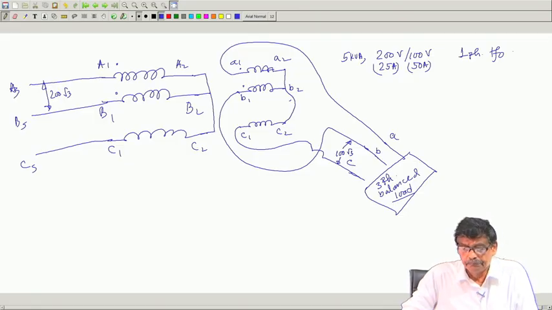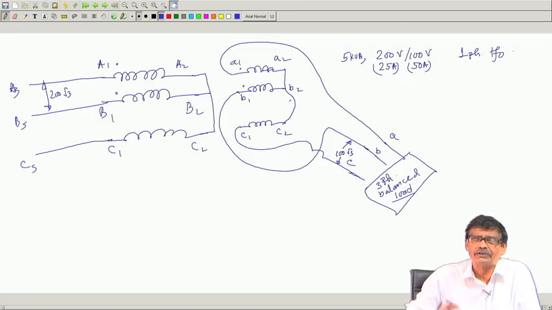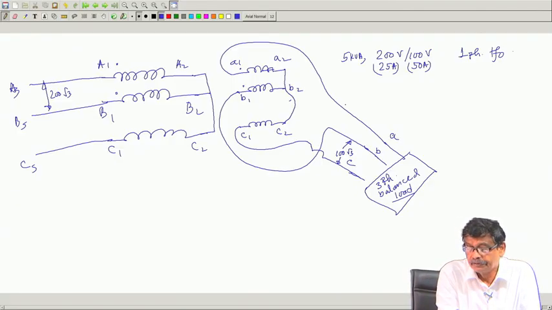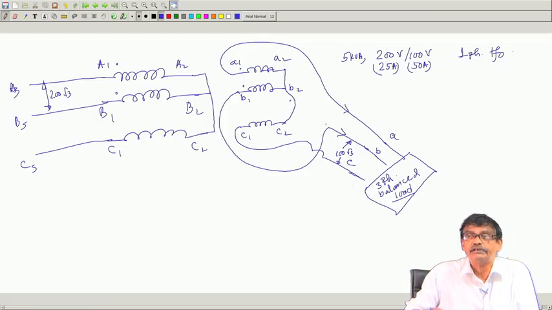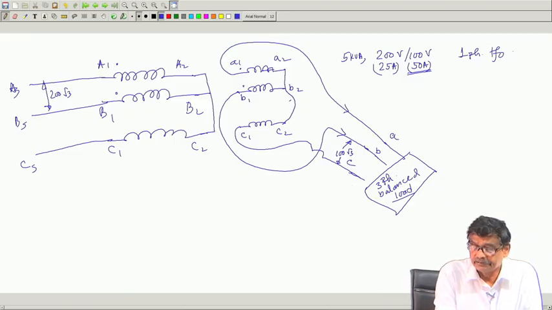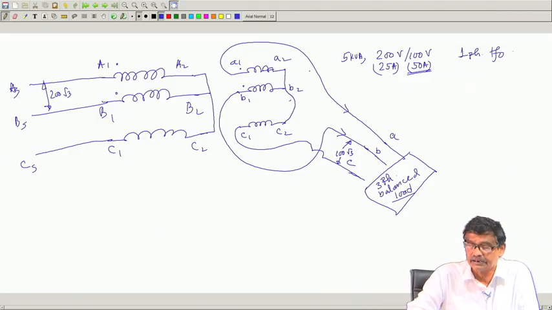If you connect a balanced 3 phase load, which may be star or delta connected, I do not mind, but the only restriction I will put is, what is the maximum line current on the secondary side. The LV side rated current is 50 ampere, and it so happens that this line current, because it is star connected, is the same as the LV side winding current.